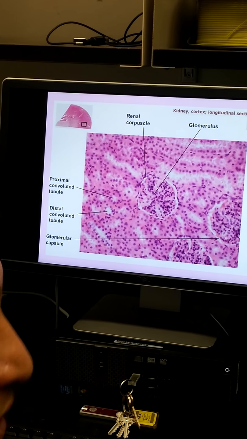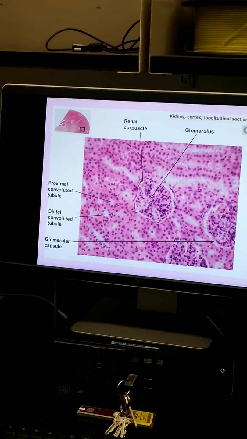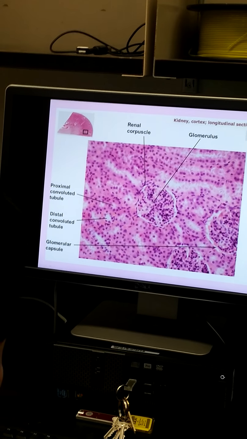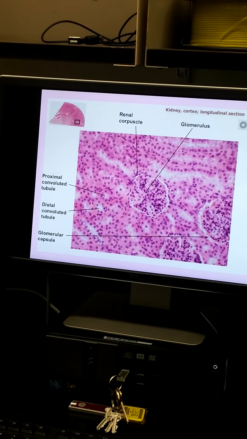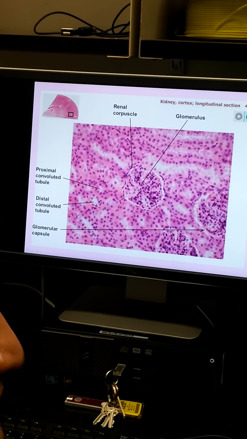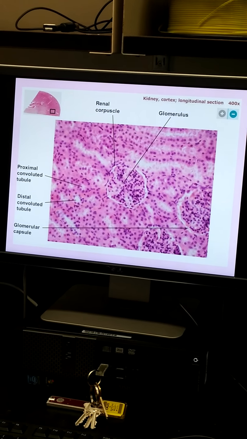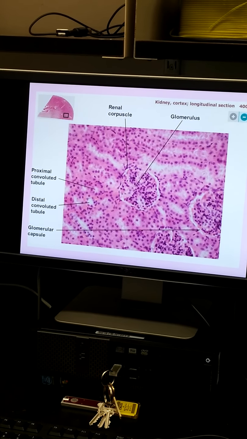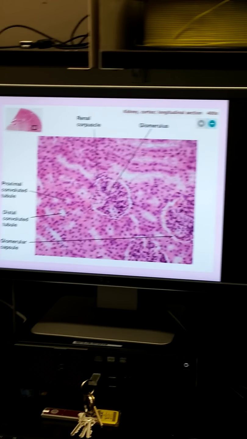But I want you to write fenestrated capillary endothelium when I ask you what kind of cell it is. The capsule is formed of simple squamous. Now, this PCT and the DCT, what cell types are they? Cuboidal. You have to be simple. Can it be stratified? No. There's no room to be stratified.